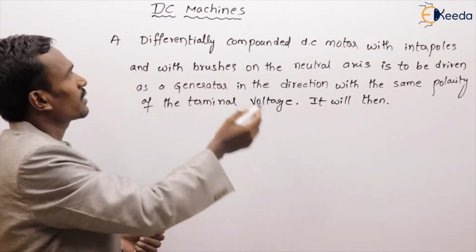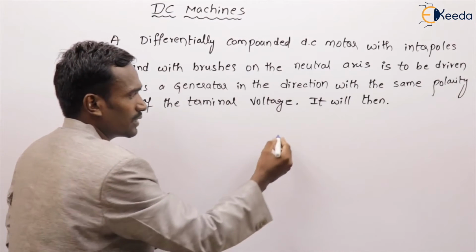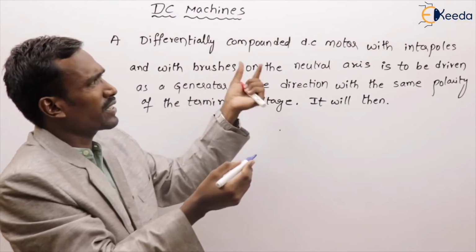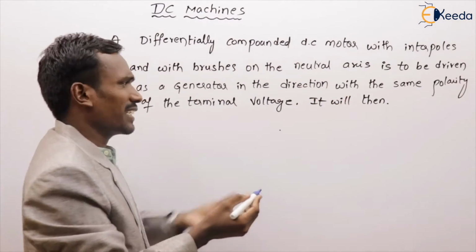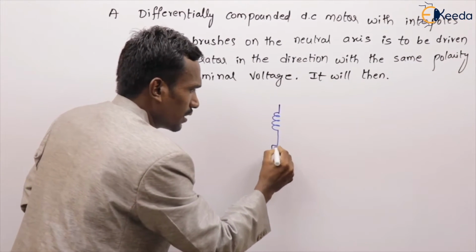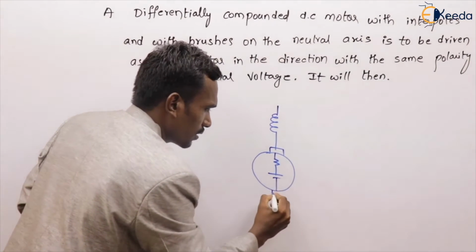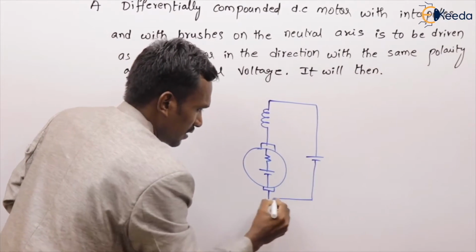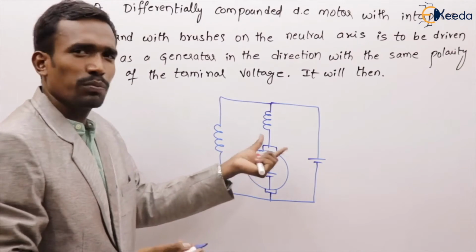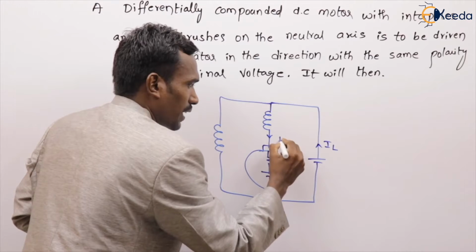Okay, what did they give? A differentially compound DC motor. Let's see how it looks. Let's take a long shunt motor. This is my long shunt motor. The motor takes the supply.